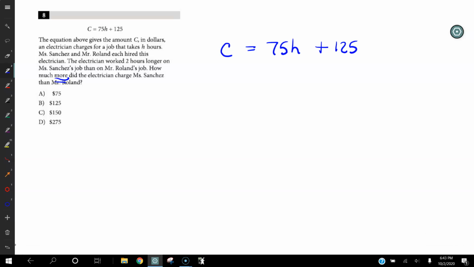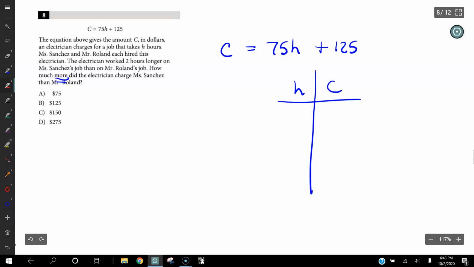So what I would do here is I'd make a little table, hours and cost, and let's just look at Sanchez, and then we'll compare that with Roland. And it says the electrician worked 2 hours longer on Sanchez. So let's just make a fake number. Let's just make a number like 5 hours.